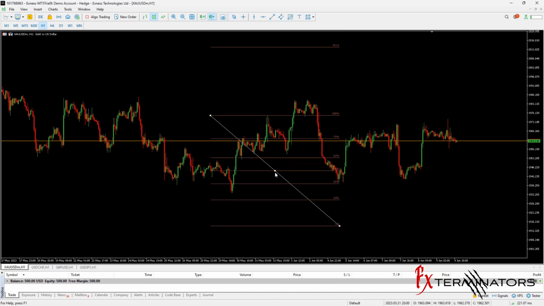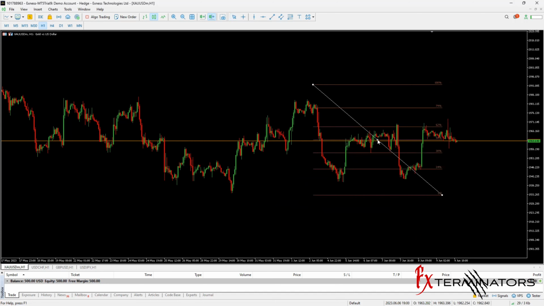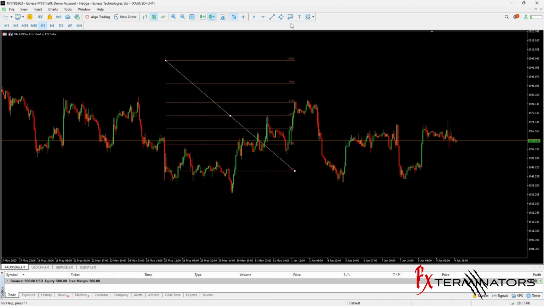Now you've seen that it has reflected on the Fibonacci. I got this Fibonacci from this icon here, and then drew it however I want. It's as simple as that.